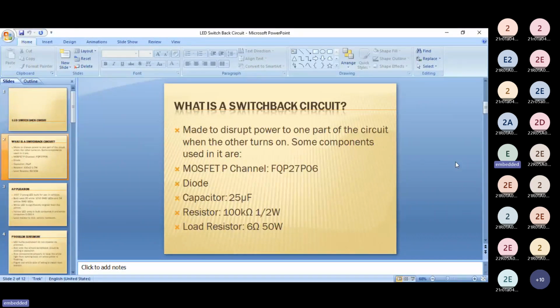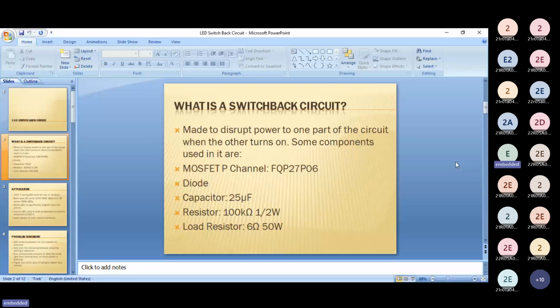So for doing this process, MOSFET P channel of FQP27P06 was used and a diode and a capacitor of 25 μF and resistor of 100 kilo ohms and half volt and load resistor of 6 ohms and 5 watts. So these were the components which were present in the switchback circuit and these were used for the switchback process.